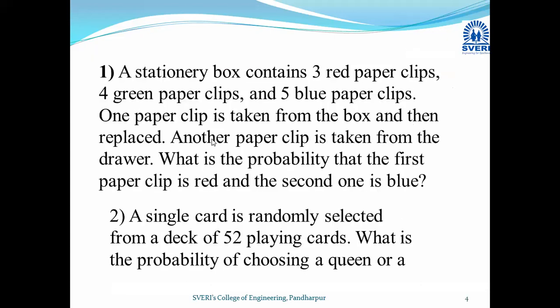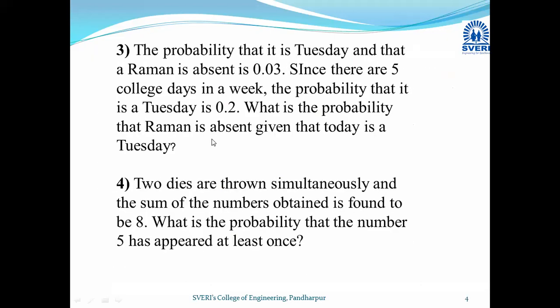Then next example. The probability that it is Tuesday and that Raman is absent is 0.03. Since there are 5 college days in a week, the probability that it is a Tuesday is 0.2.